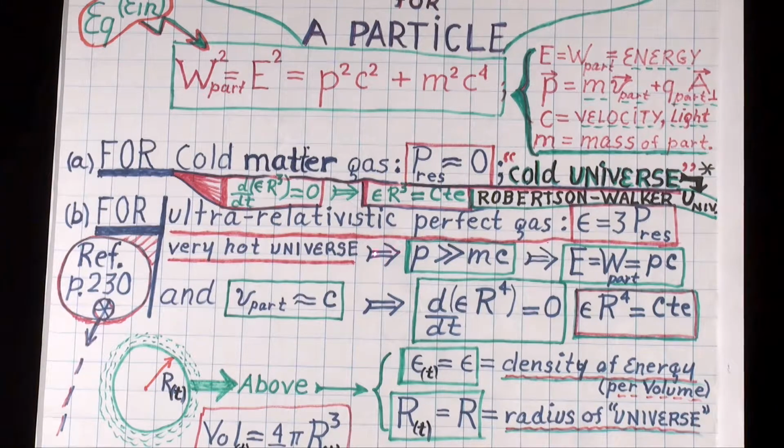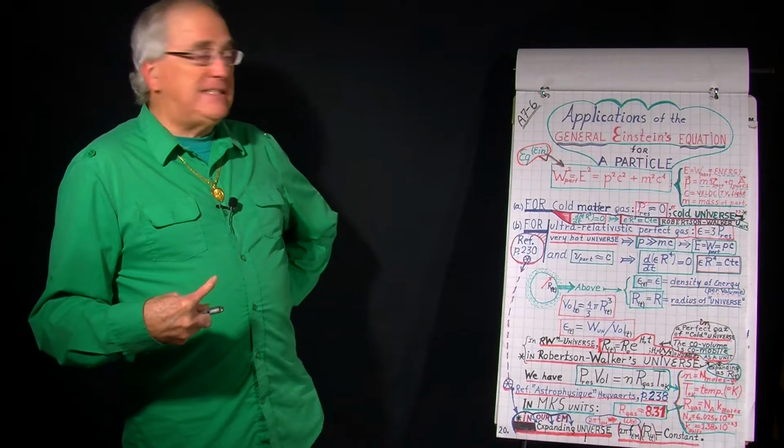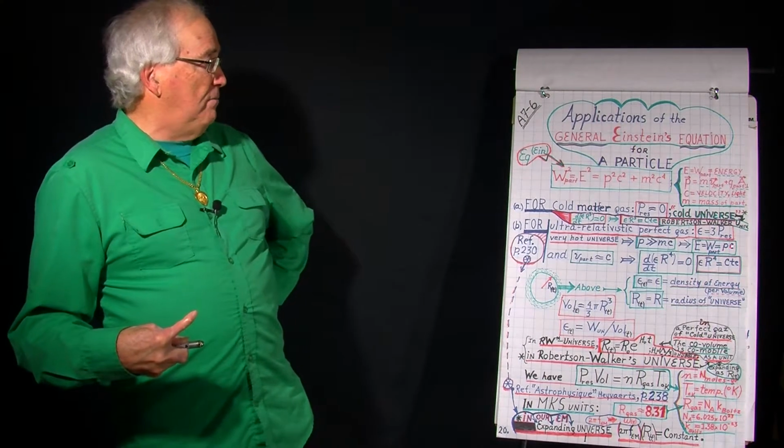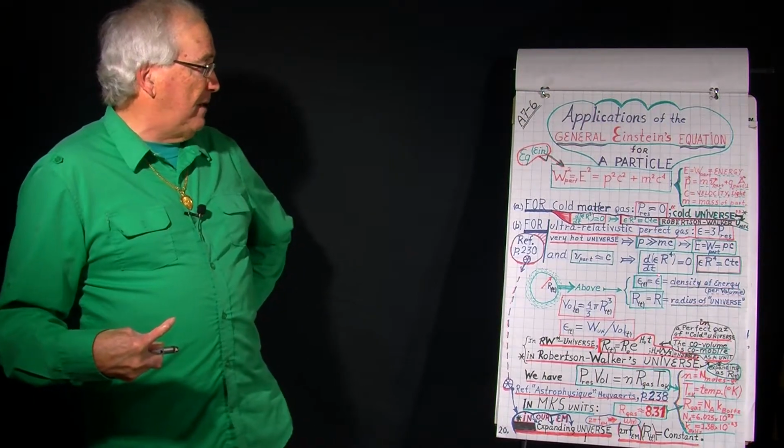So then in these cases we have that the energy of the particle is really the momentum multiplied by the speed of light. Its energy as a function of mass becomes negligible compared to its momentum multiplied by the speed of light.